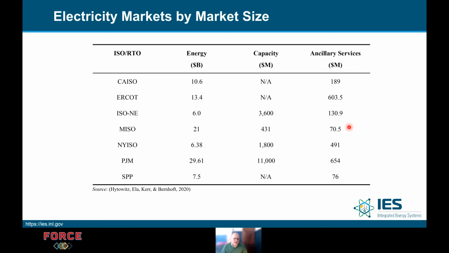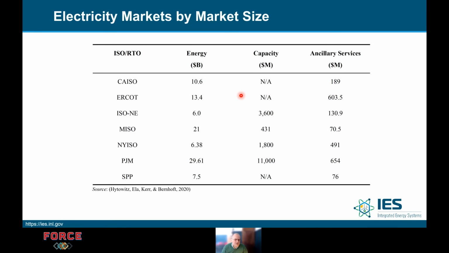In terms of how the energy market in the two settlement system varies from the capacity market and the ancillary services market, this data comes from a study that EPRI did for us a few years ago, and you can see that there are significant differences in volume of the electricity market. It's about $6 billion on the low end, up to nearly $30 billion on the high end in PJM.